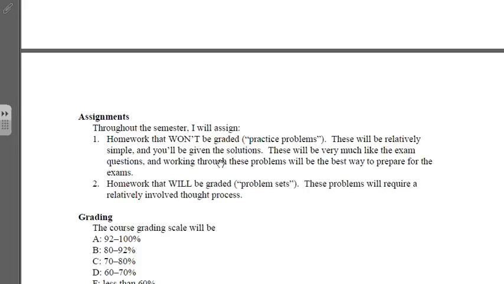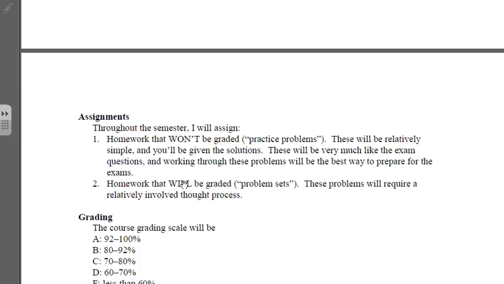A problem set will have, say, a single problem, but it'll take probably multiple hours of work. Whereas the practice problems might only take 10 minutes or something. Those are like the questions on an exam.